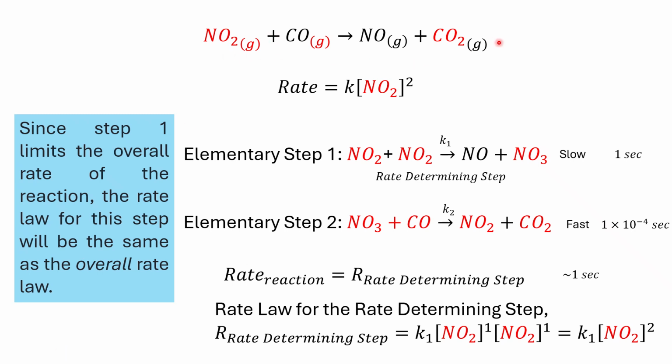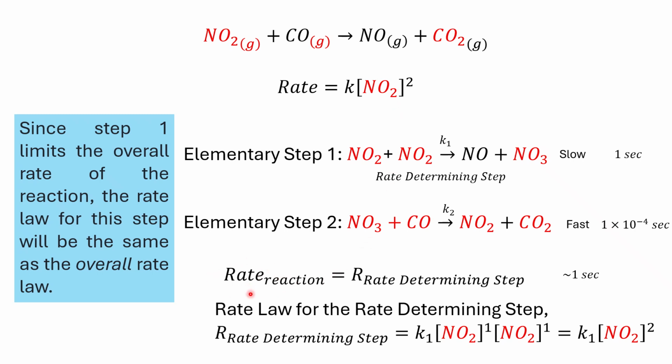For this reaction, elementary step 1 occurs slower compared to elementary step 2, where it takes 1 second for elementary step 1 to proceed and 1 times 10 to the power of minus 4 seconds for elementary step 2 to proceed. Therefore, step 1 will limit the overall rate of the reaction, and the rate law for this step will be the same as the overall rate law.